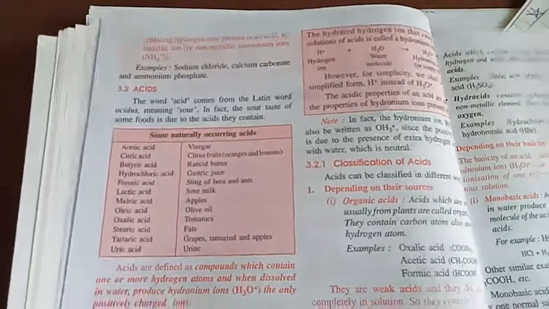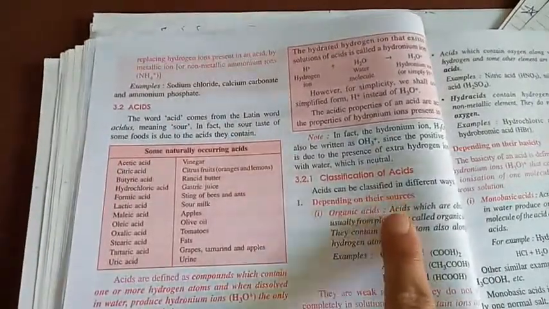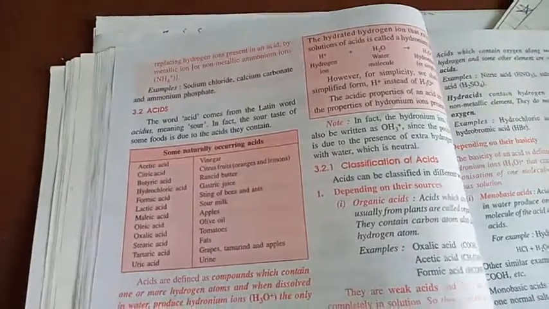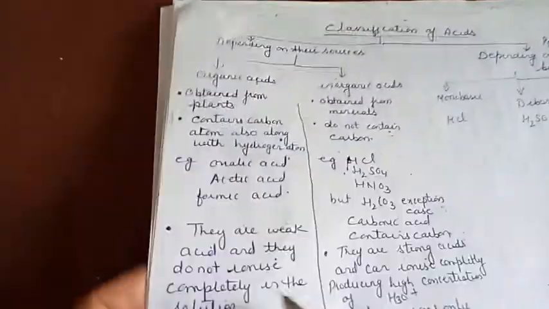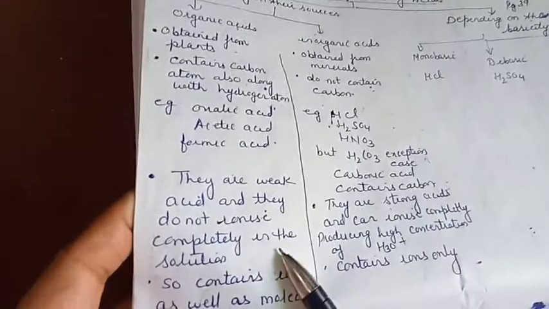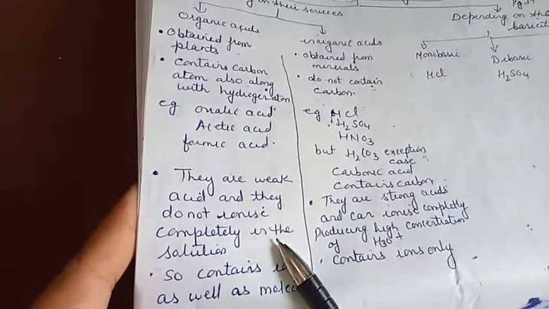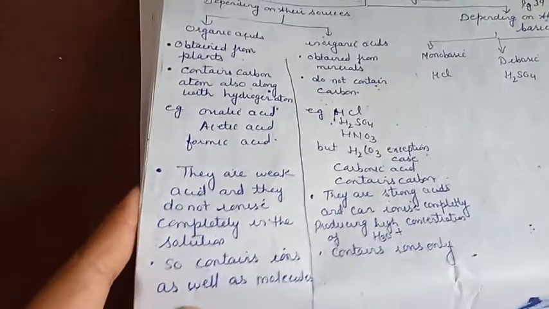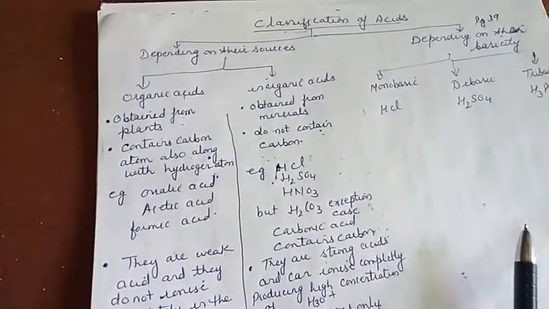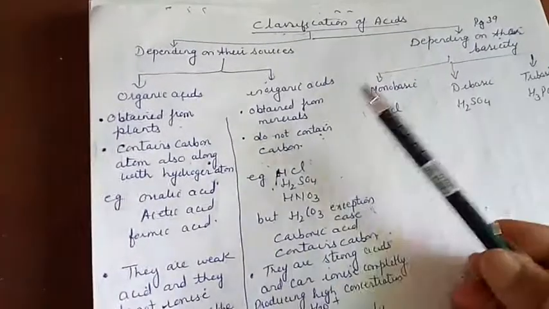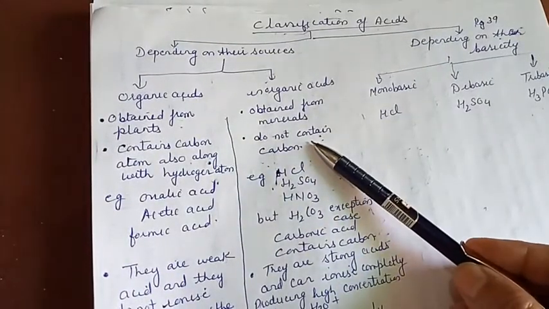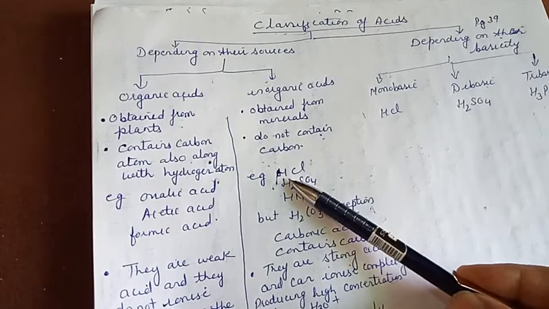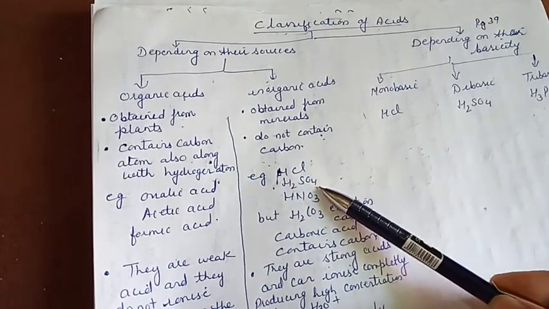All these organic acids are weak acids. They do not ionize completely in solution, so they contain ions as well as molecules. Whereas inorganic acids are obtained from minerals. They do not contain carbon. Examples: hydrochloric acid, sulfuric acid, nitric acid.